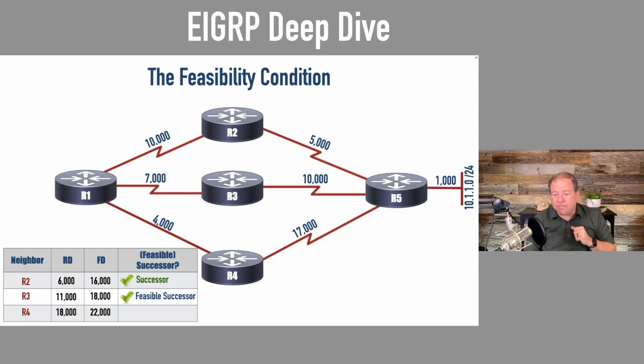What about R4? Now, we can see visually that R4 is not dependent on either R2 or R3, but it's going to fail the feasibility condition because its reported distance of 18,000 is not less than the feasible distance of our successor route of 16,000. 18,000 is not less than 16,000, therefore, we cannot use that as a feasible successor route.